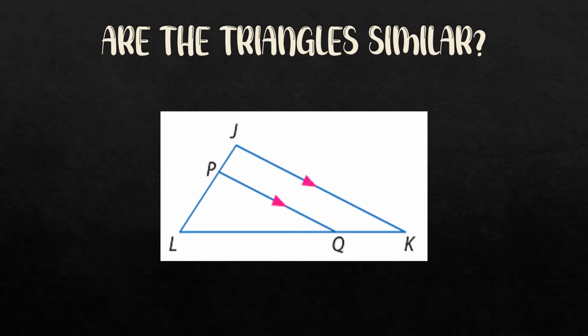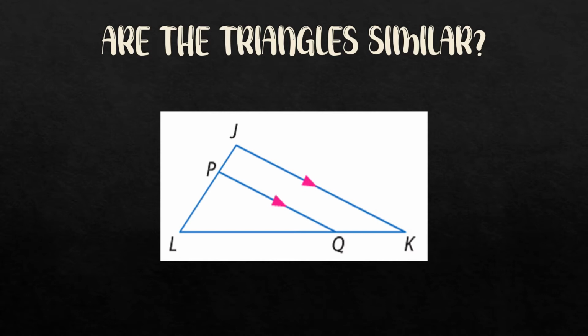Okay, in this picture, notice that we do have those little pink arrows, which means the lines are parallel. And hopefully after the last couple units that we've done, especially Unit 2B, when you see parallel lines, you should know that there are some angles that are congruent, so we need to identify those angles.